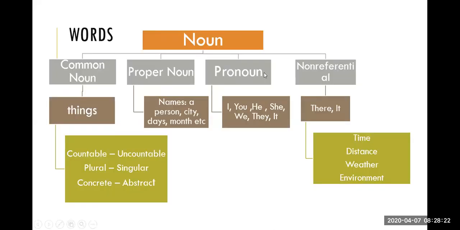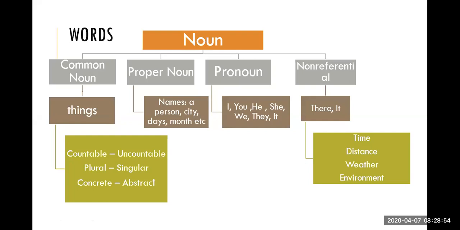We have four different kinds of noun as a subject here: common noun, proper noun, pronoun, or non-referential case. For common noun, we use things as the subject, when we use things to begin our sentence. For example, the book.